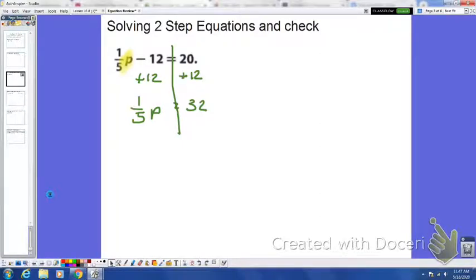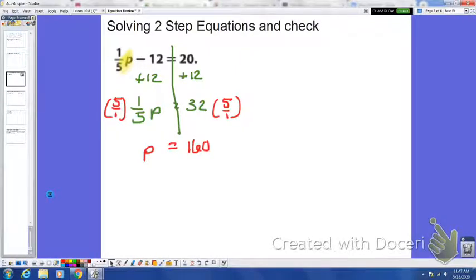Now 1/5 p, it's just like the one step we did on the last page. We're going to multiply by the reciprocal. So the reciprocal of 1/5 would be 5/1, which is the same as just 5. So 5 times 1/5 leaves me with just p equals, and then 32 times 5 gives me 160.